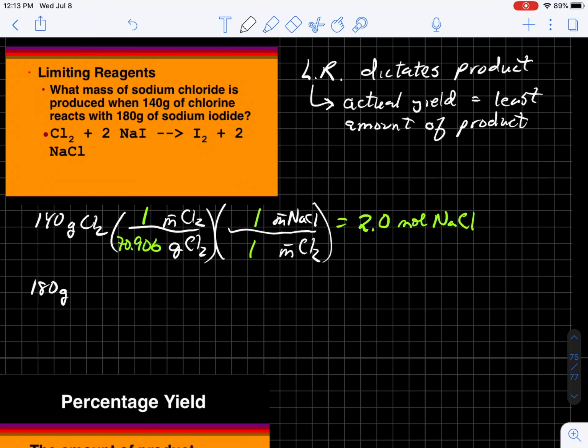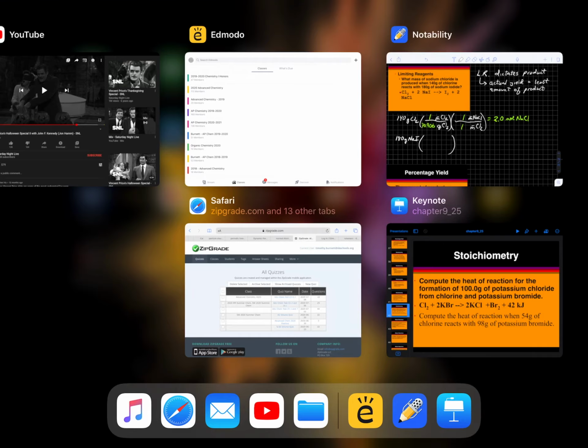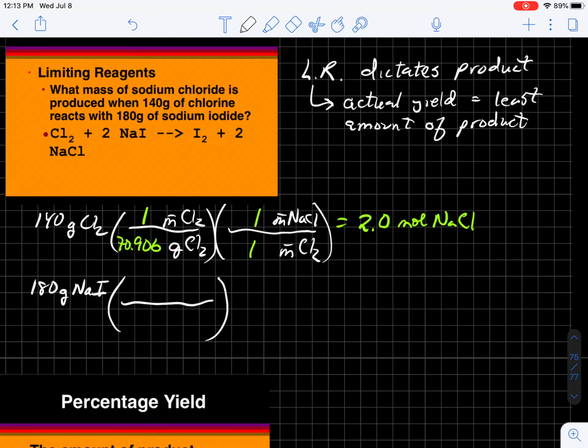Now we're going to go back and do the same thing, but using the sodium iodide. So 180 grams of sodium iodide, set up our fraction, and we convert grams of sodium iodide to moles so we can use the balanced equation.